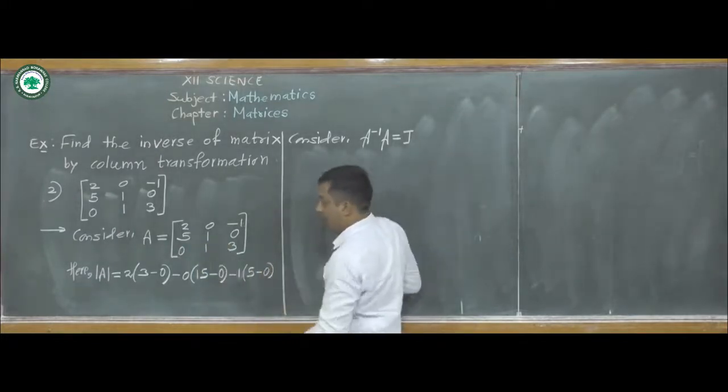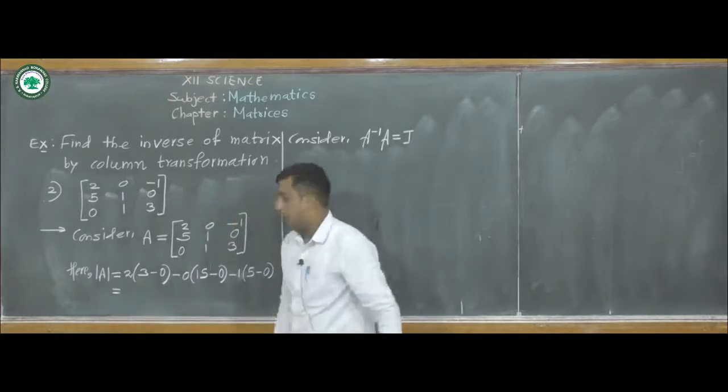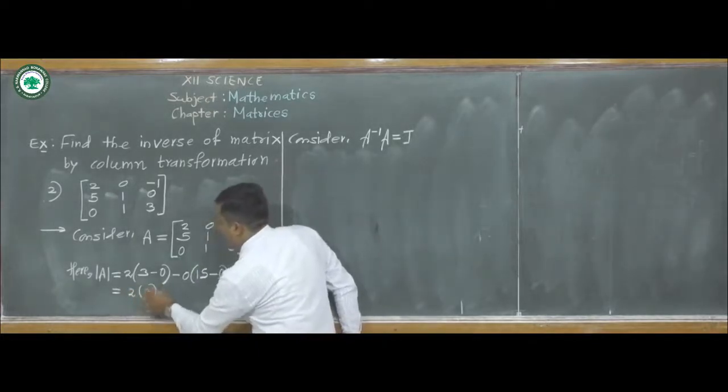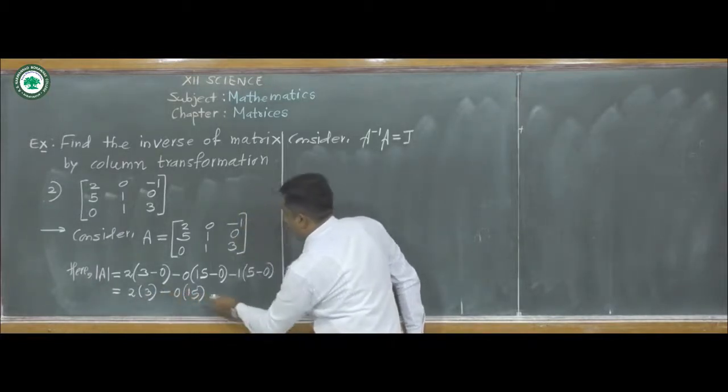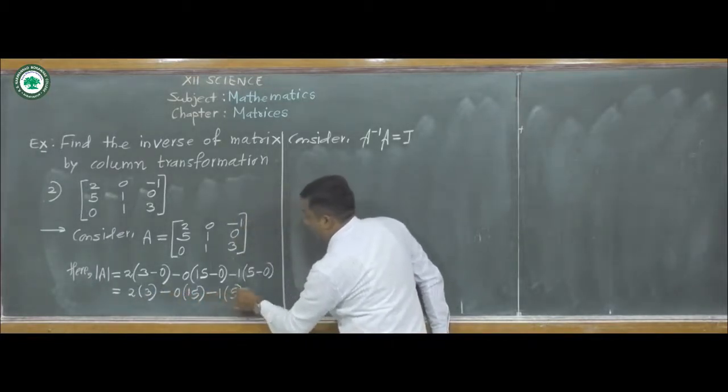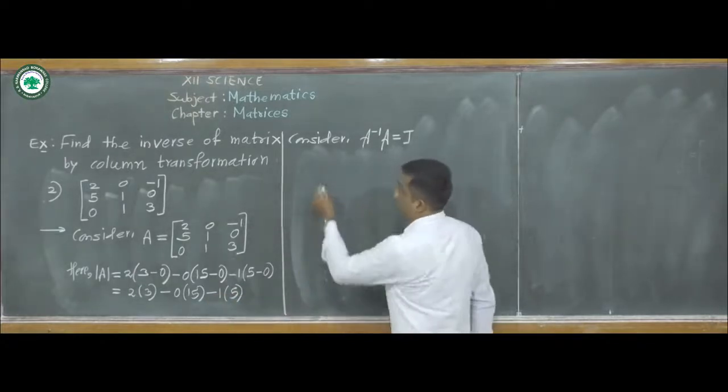And this is equal to 2 into bracket 3, then with minus sign 0 into 15, next minus 1 into 5.